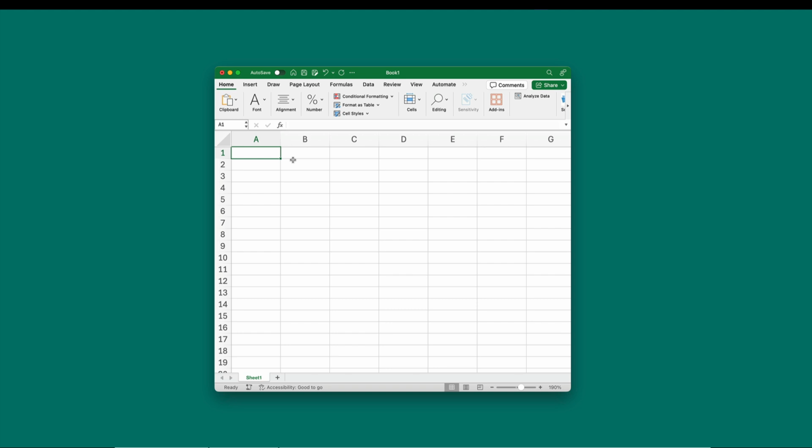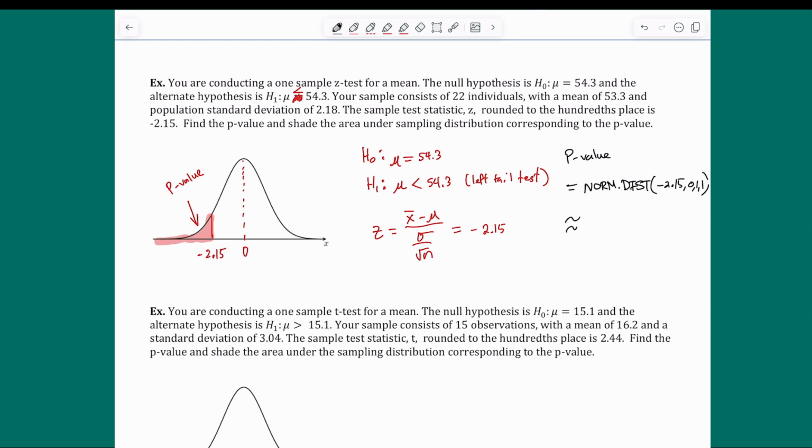In cell A1, I'm going to type equals norm.dist, type in my negative 2.15 for the test statistic, 0 for the mean because it's the standard normal distribution, 1 for the standard deviation as well, and then a 1 for true, or any number other than 0 there, and you would get 0.015776, and so forth. Go back to the notes. Typically, p-values are rounded to about 4 decimal places, so 0.0158 would be our p-value.